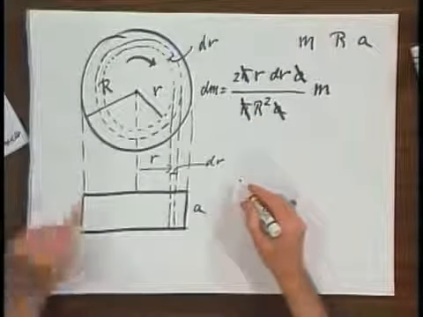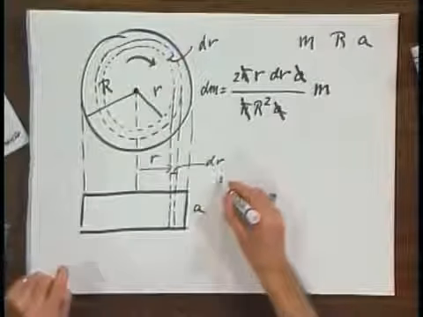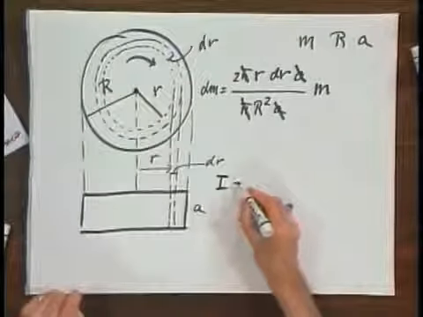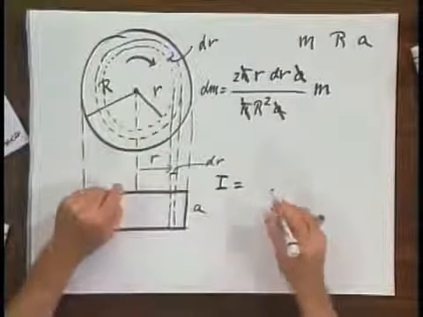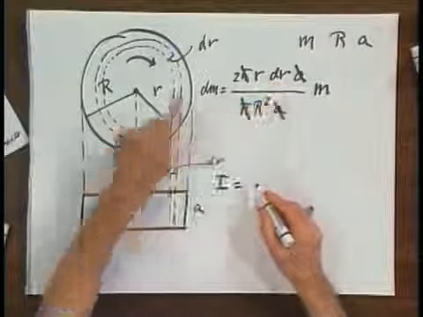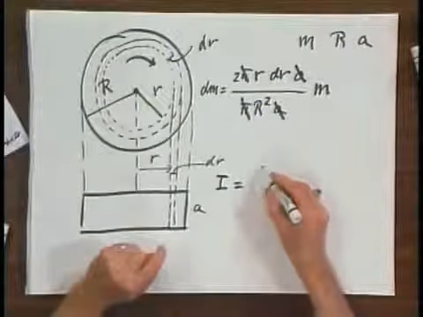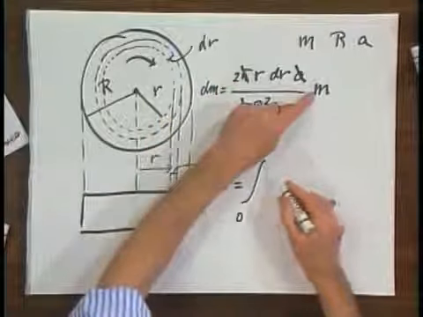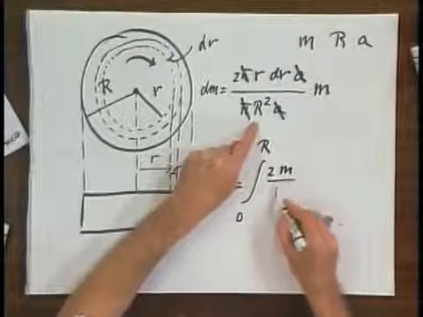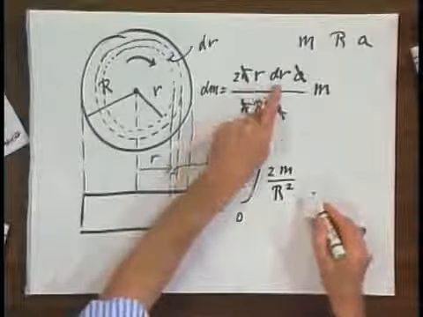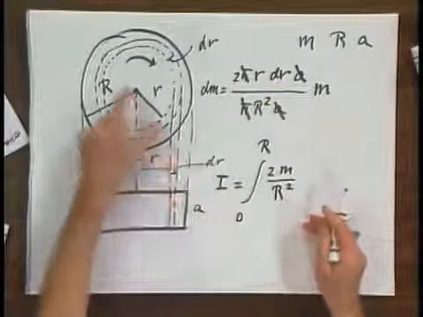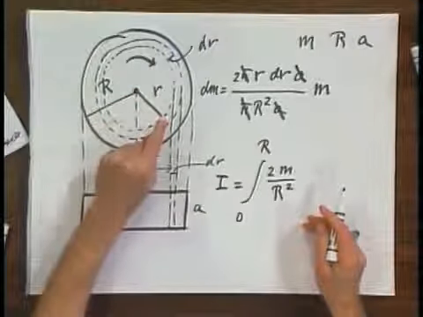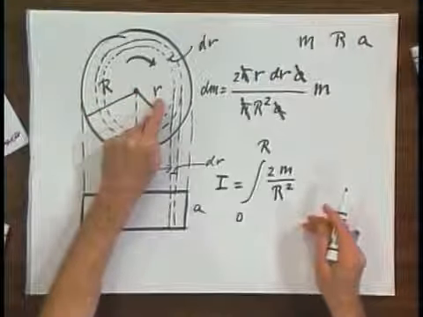And so now when I want to calculate the moment of inertia about this axis of rotation, right through the center, perpendicular to the paper, I have to do an integral over the r from 0 to capital R. Integral from 0 to capital R. And I get 2m divided by R squared. I get r dr, but I also have an r squared, because I remember with moments of inertia, you have to multiply by the distance from the mass element to the axis of rotation, which is r squared.